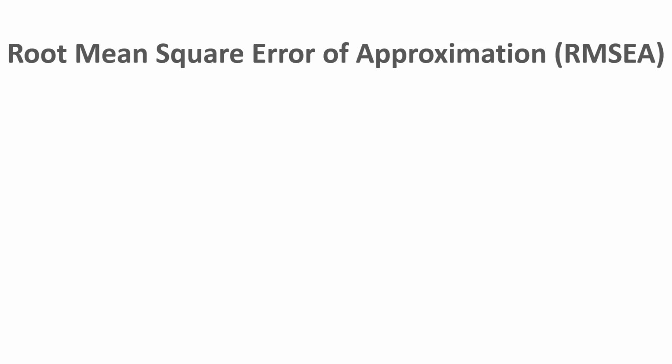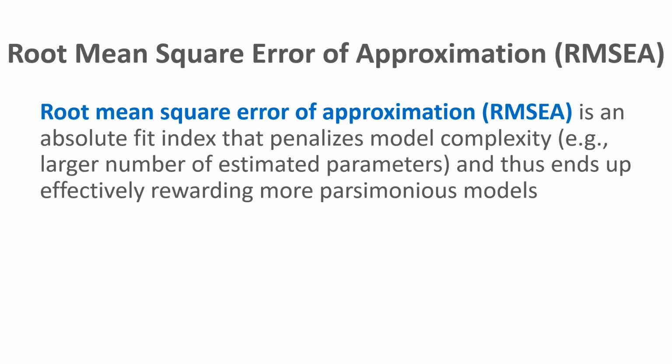Now let's move on to the root mean square error of approximation, or the RMSEA model fit index. The RMSEA is an absolute fit index, okay? So not a relative fit index. And that means that it penalizes for model complexity, meaning that the larger the number of parameters that we're trying to estimate, the more that the RMSEA is going to be penalized.